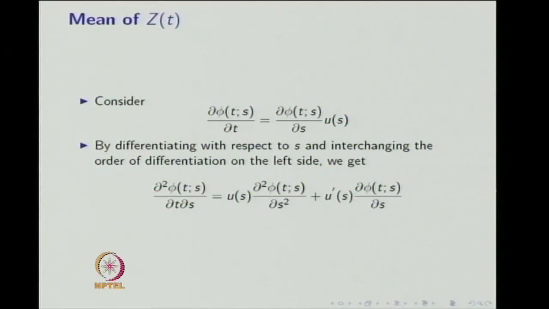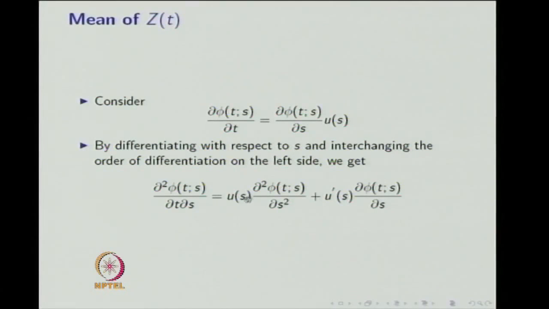Now we will find the mean of Z(t). We start with the partial differential equation satisfied by the probability generating function. By differentiating with respect to s and interchanging the order of differentiation on the left hand side, we get the second order partial derivative of psi with respect to t and s on the left.